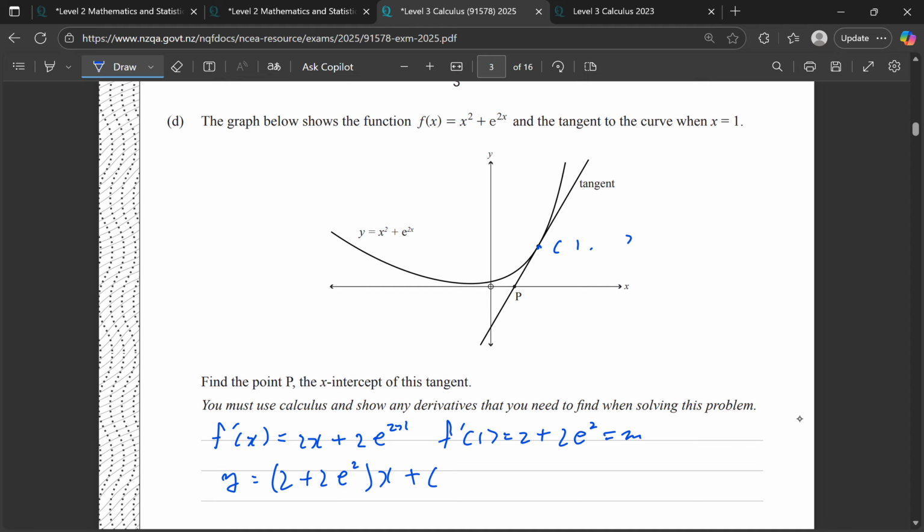So when we plug 1 into this equation, we get 1, because 1 squared is 1 plus e squared, isn't it? That is y, right? So the coordinates of this point is 1 comma 1 plus e squared, right?